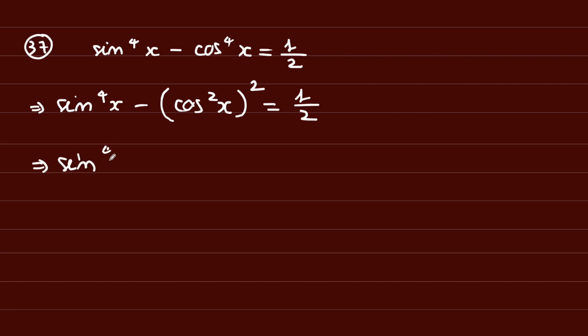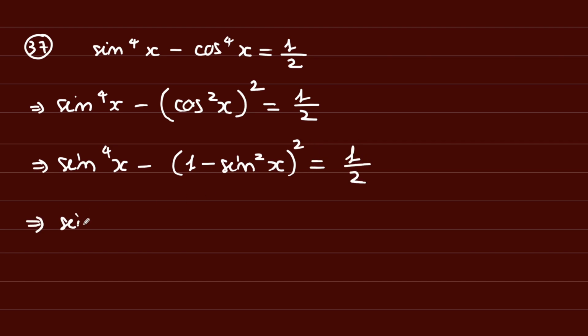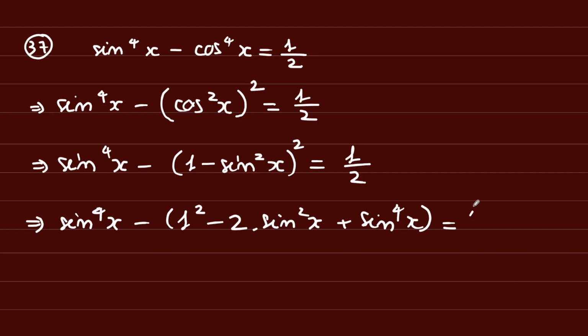Step by step, look at this. You have the term cos square, so I can change cos square to a term in sine square like this one, and then I can use the perfect square identity. You get here 1 square minus 2 sine square h plus sine to power of 4h, like this one, equal to 1/2.